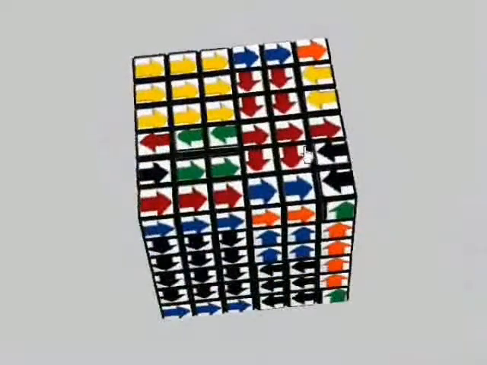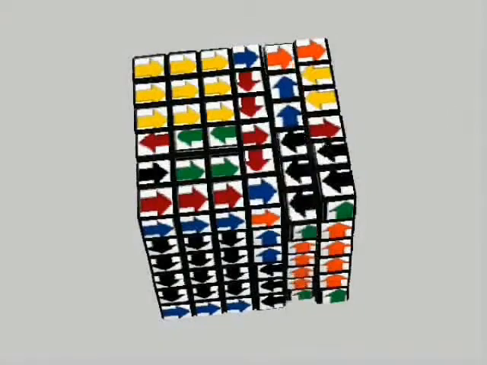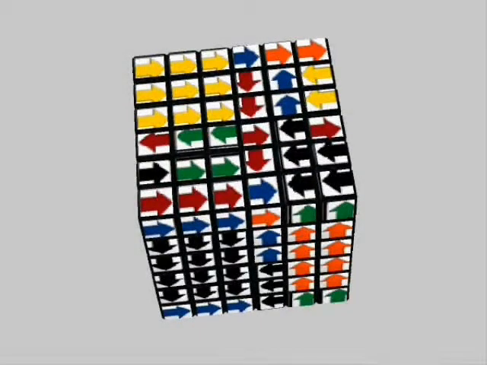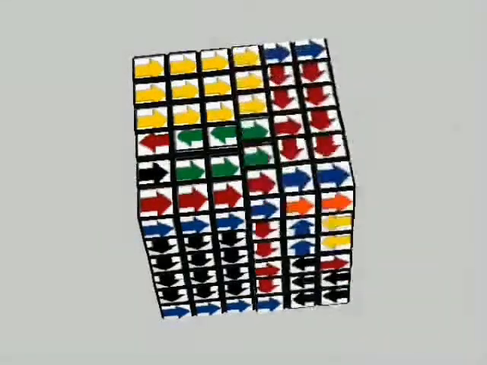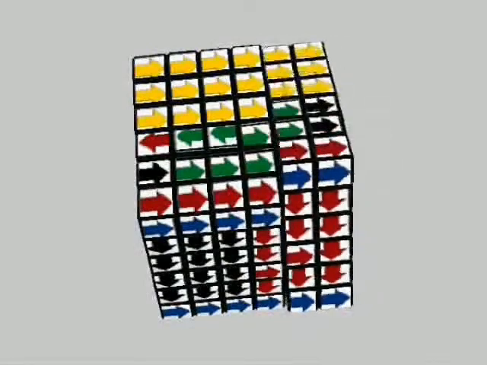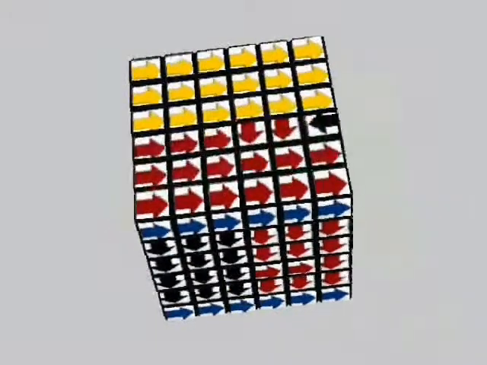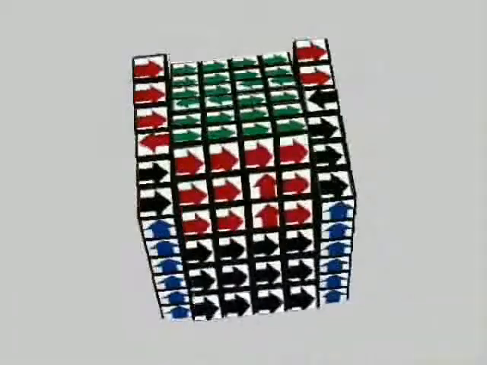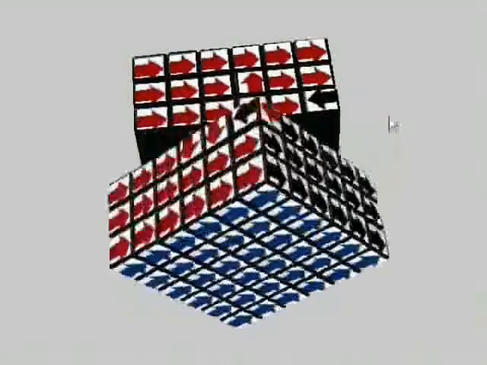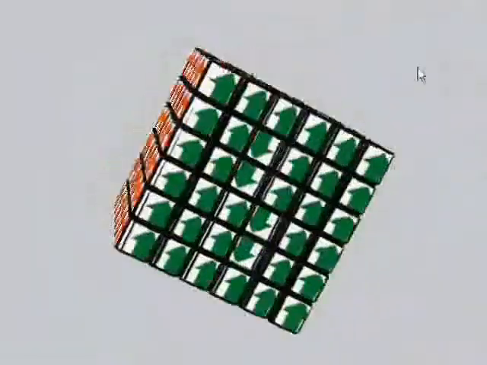Now I'm going to undo that 2R slice with 2R. Now I'm going to let the rest of the algorithm execute. As you can see, it fixed the problem.